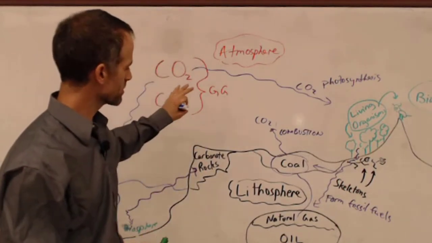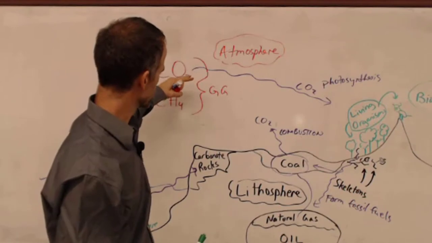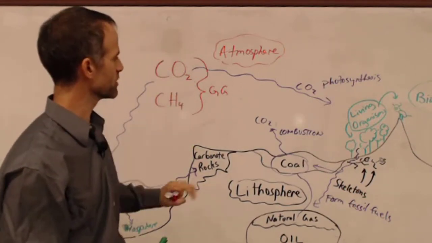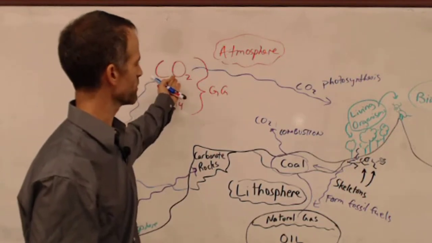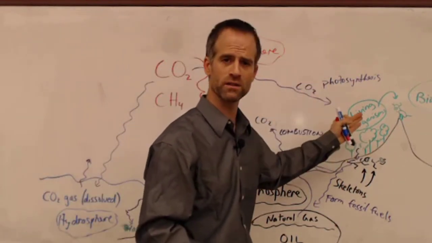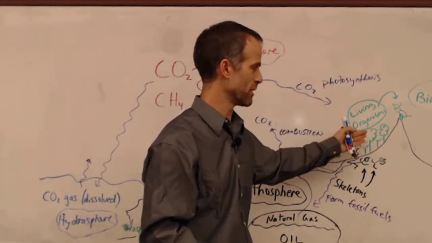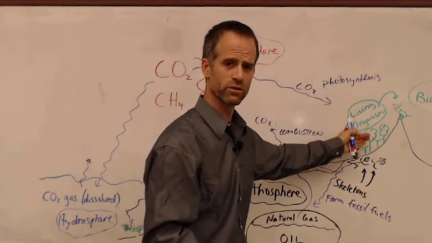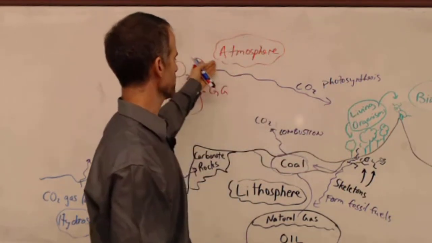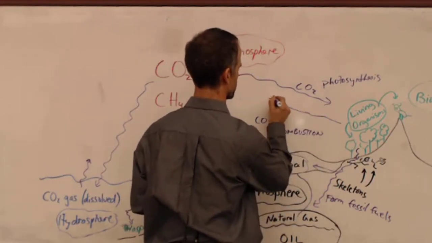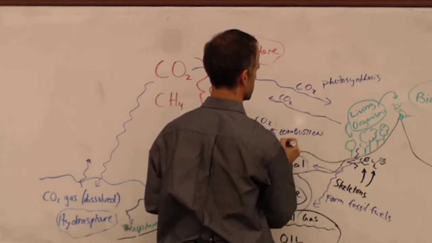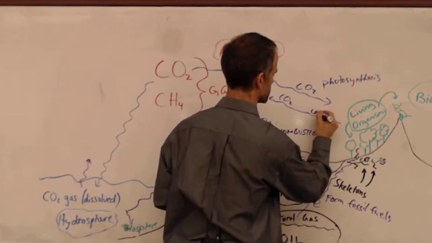But carbon can transfer from one sphere to another through a variety of methods. So from the atmosphere, through photosynthesis, it becomes part of the plants, the biosphere. Likewise, when we burn those plants, that carbon gets released as CO2 with combustion.